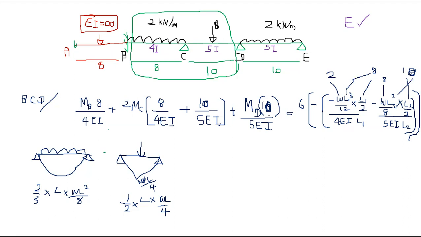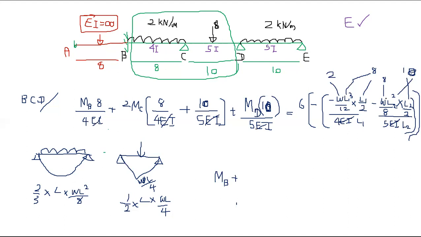Other things you can simplify, right? MB is non-zero, MC is non-zero, MD is non-zero. So you will obtain an equation like this when you simplify, right? Simplify it and see, you will obtain MB, because you can straight away cut EI from the equation. Right? So be very careful when you are especially working with symbols, because here it's L cube, here it's L squared, right?